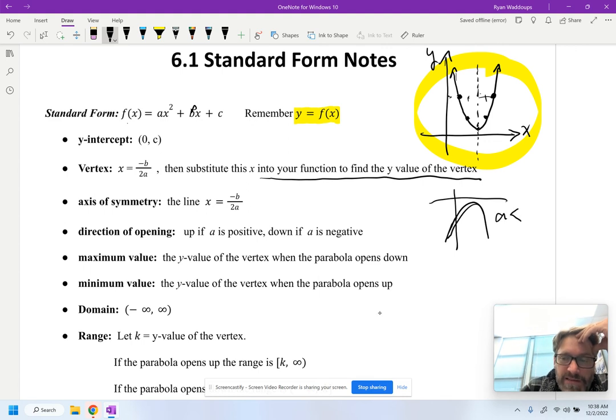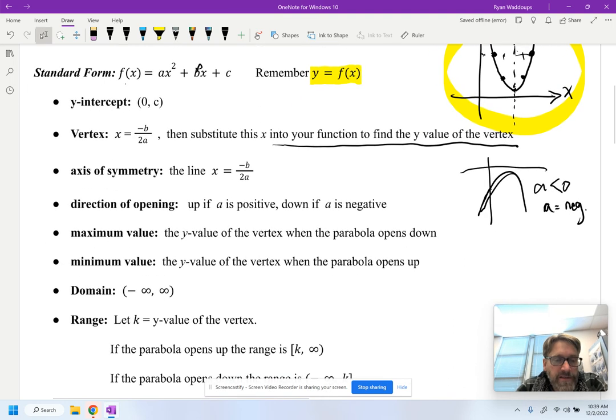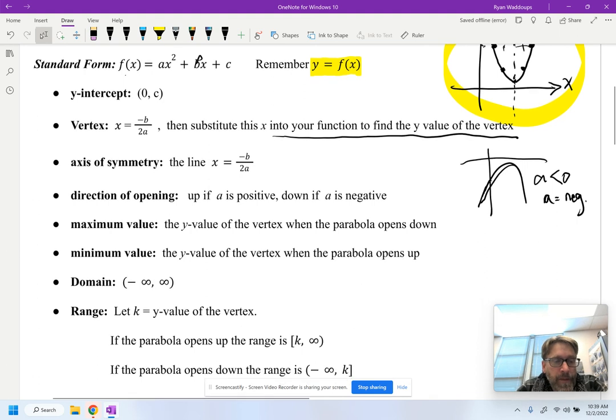Here a is less than 0, or a is negative, then it opens down. The maximum value, the y value of the vertex when the parabola opens down, is the maximum value, and the minimum value is the y value of the vertex when the parabola opens up.